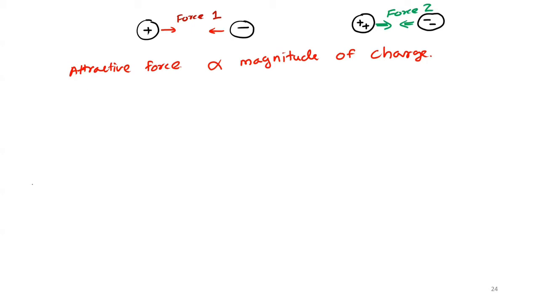And then I'm going to take another 2 charges. Again, I have a plus charge and a minus charge. Now there is a certain distance between these two charges. I would call it D1. And I'm going to take another two charges.